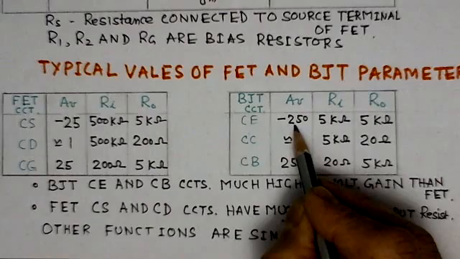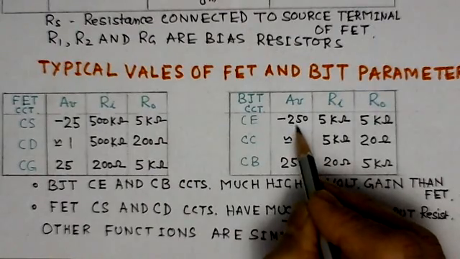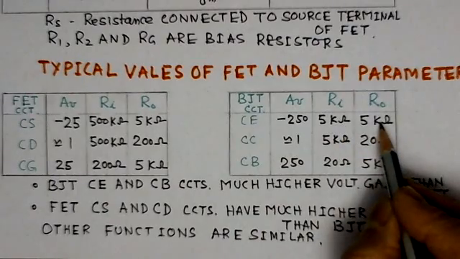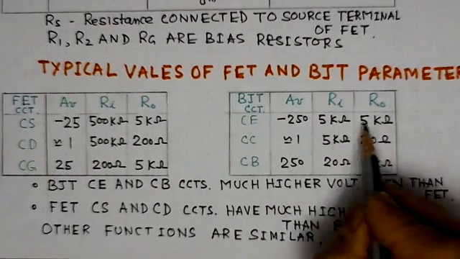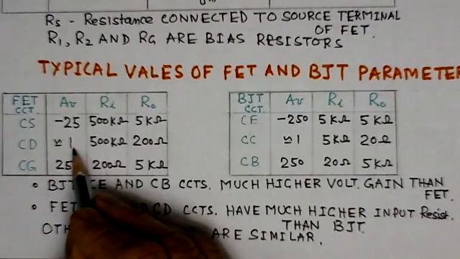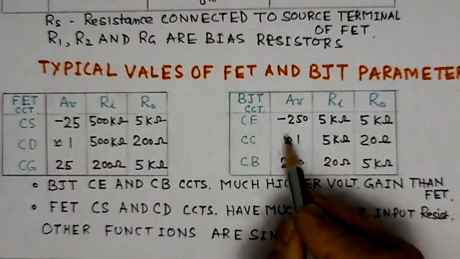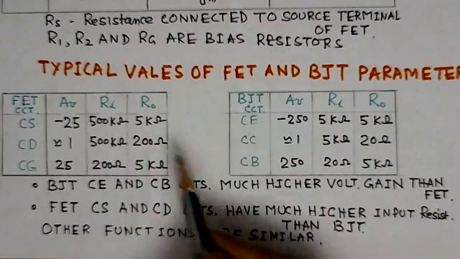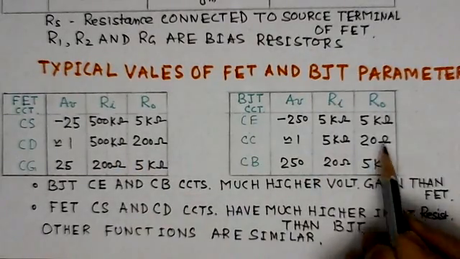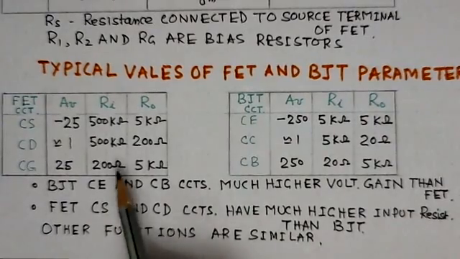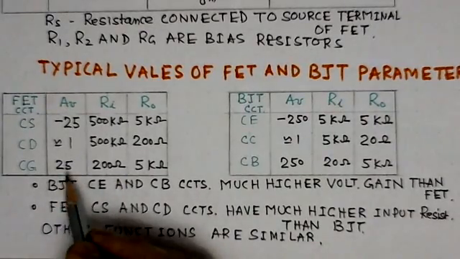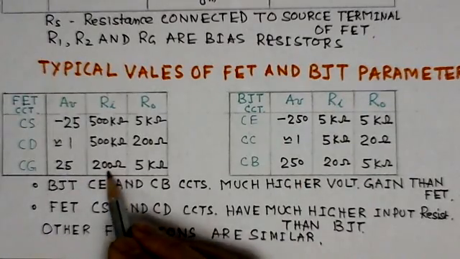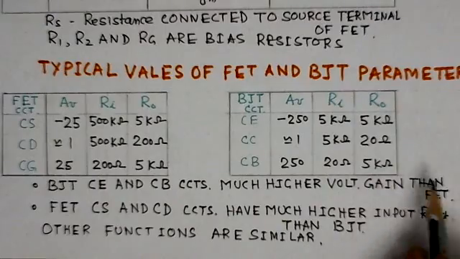Here the voltage gain is about 250, at least 10 times higher, RI is a smaller value, 5 kilo ohms, and R0 is 5 kilo ohms. For the common drain amplifier, the gain is nearly 1. Here also it is 1, but input impedance is 500 kilo ohms and output is 200 ohms, versus 5 kilo ohms and about 20 ohms for the BJT. And for the common gate amplifier, again the gain is pretty small, about 25, while here it is 250, with 200 ohms and 5 kilo ohms versus 20 ohms and 5 kilo ohms.